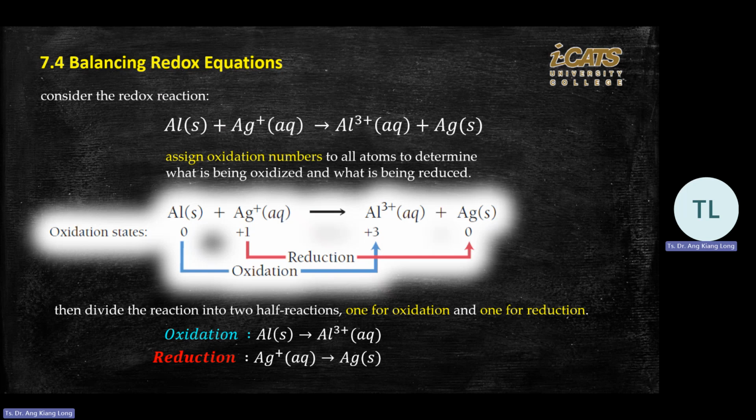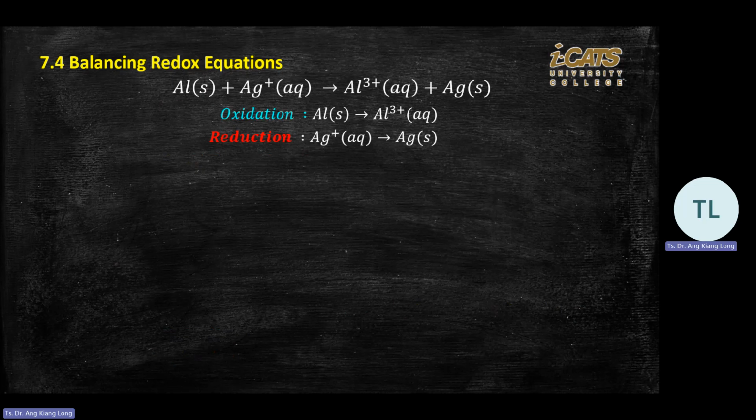You need to write a half equation for oxidation and also a half equation for reduction. This one you copy from the equation that is given. One for the blue arrow, one for the red arrow.